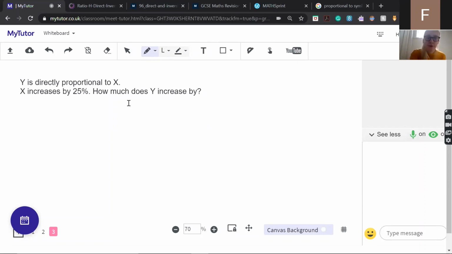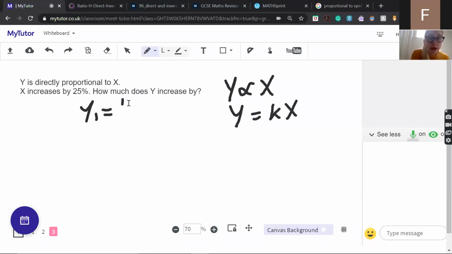So Y is directly proportional to X, so Y equals KX. So what I'm actually going to write is our original situation, so Y1 equals KX1. So what I'm saying is these are our original values before any increases.